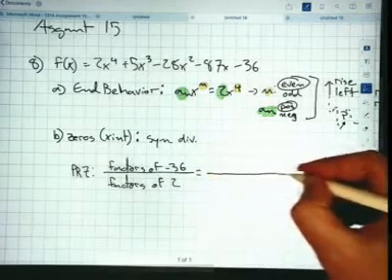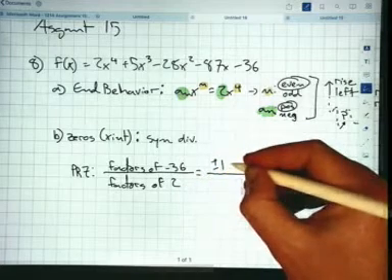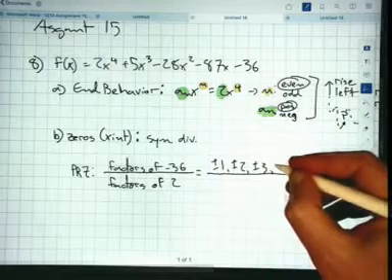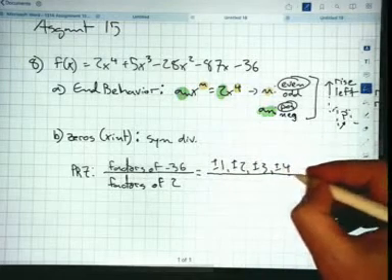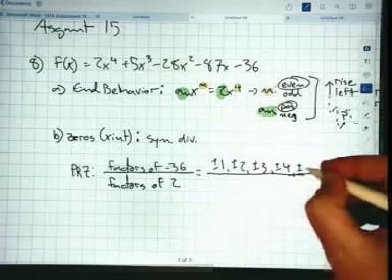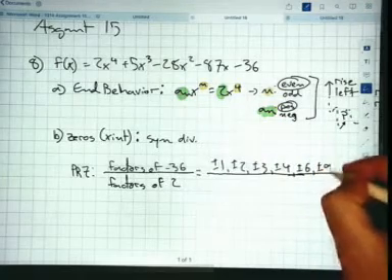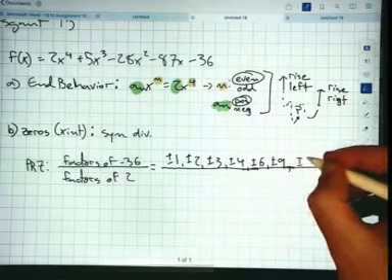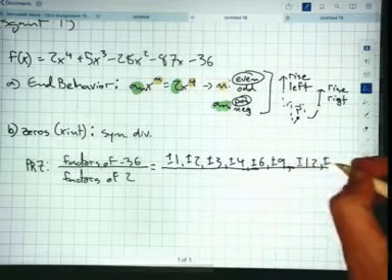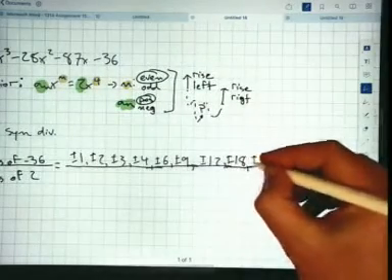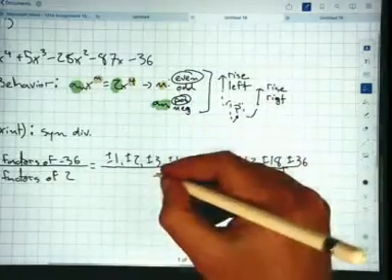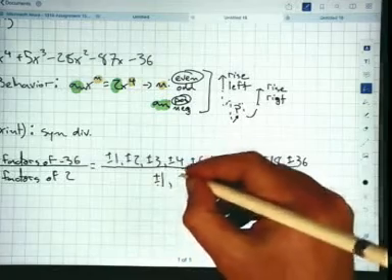So the factors of 36, we have plus or minus 1, plus or minus 2, plus or minus 3, plus or minus 4, plus or minus 6, plus or minus 9, plus or minus 12, plus or minus 18, and then finally plus or minus 36, all over the factors of 2, which are plus or minus 1 and plus or minus 2.